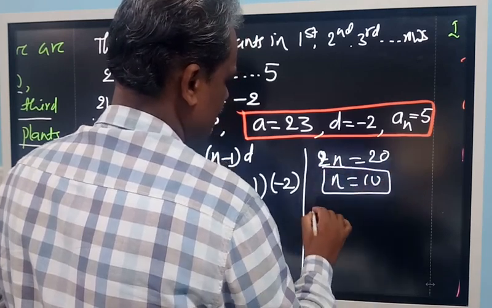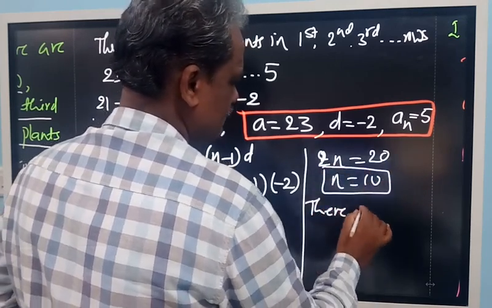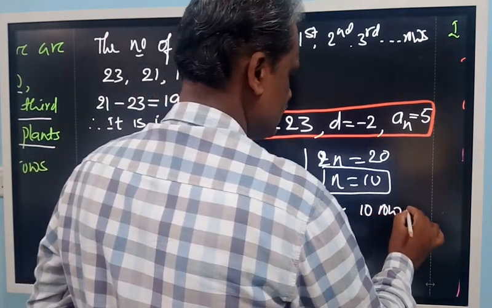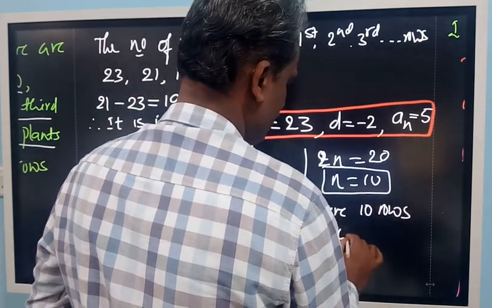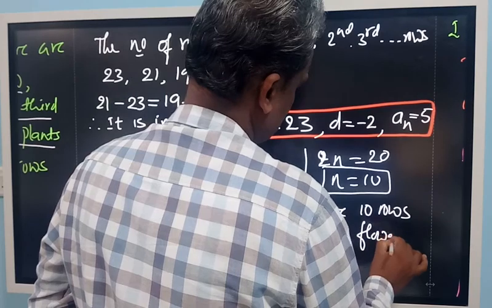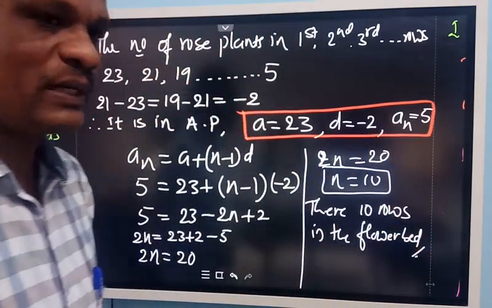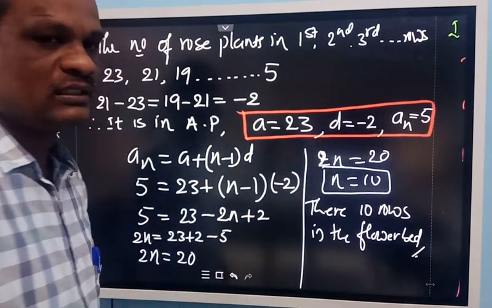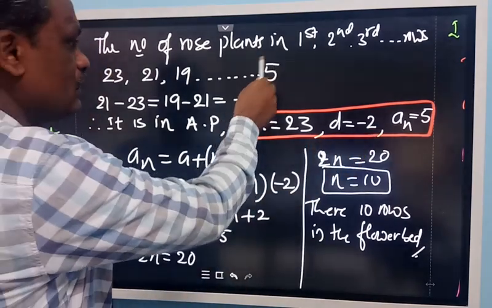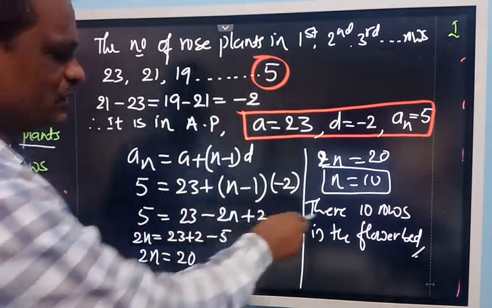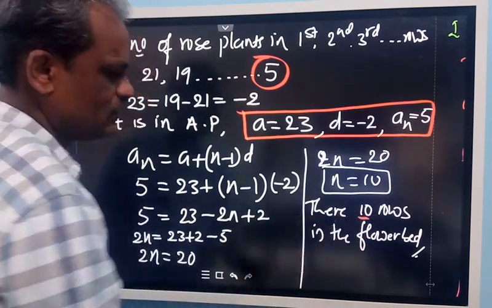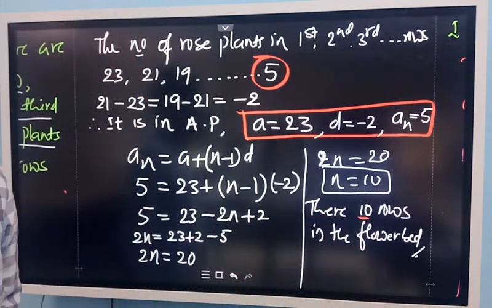So there are 10 rows in the flower bed. And the 10th row contains 5 rose plants. That is the last row, which contains 5 rose plants. So the last row is the 10th row. There are 10 rows in the flower bed.